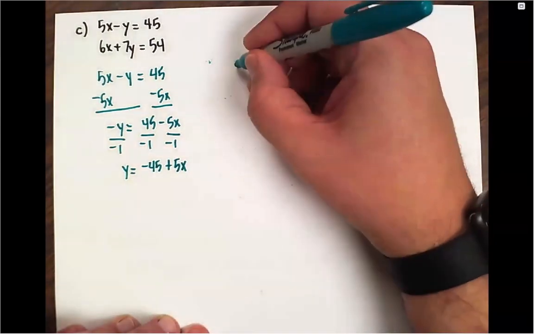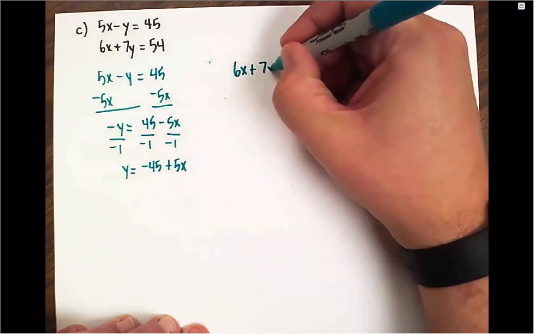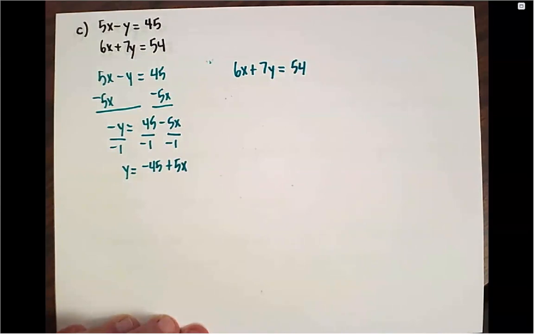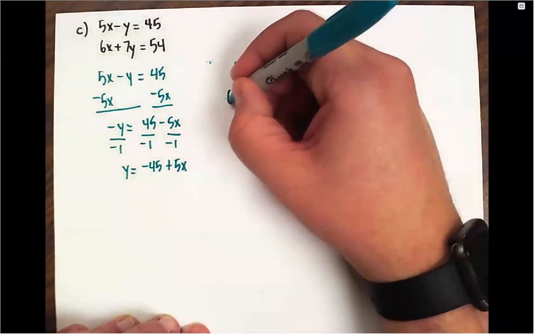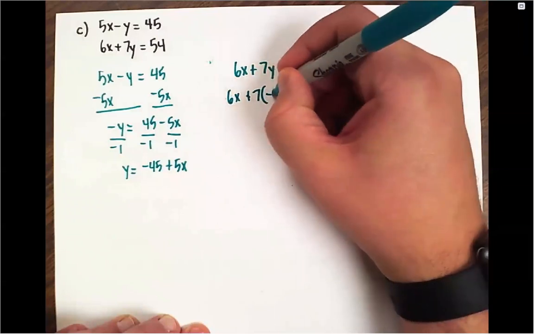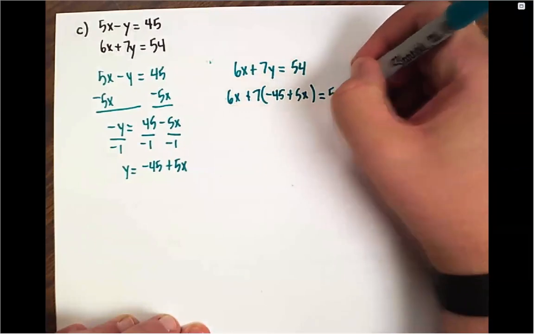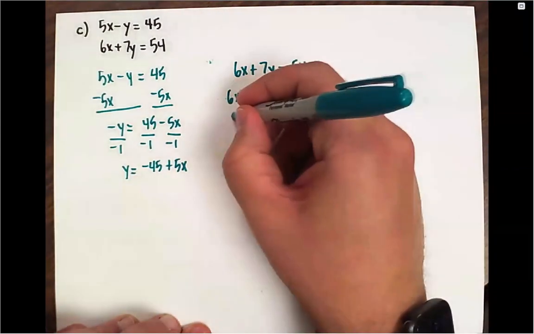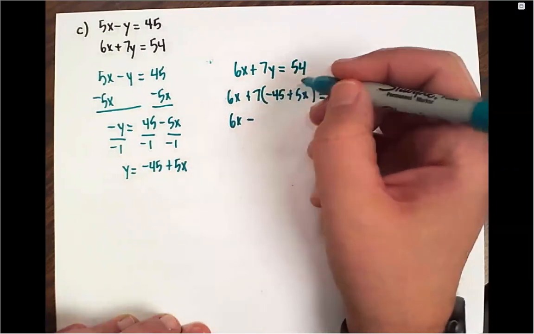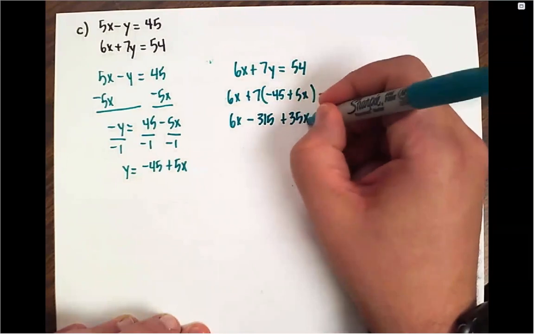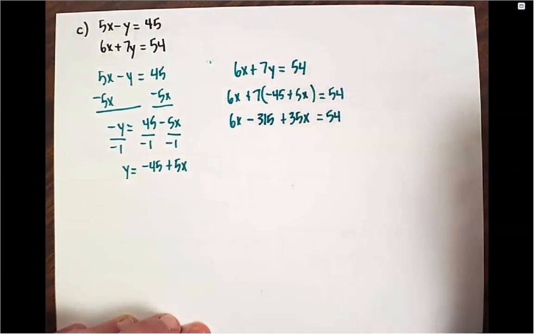And so I take that into the second equation, and where there's a y, I'm going to put in negative 45 plus 5x. So I've got 6x plus 7 times negative 45 plus 5x equals 54, or 6x minus 315 plus 35x equals 54.